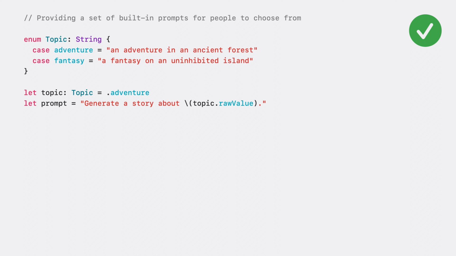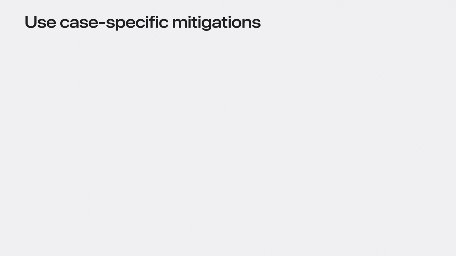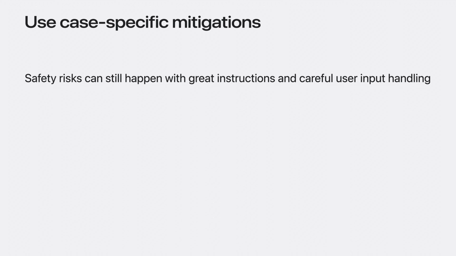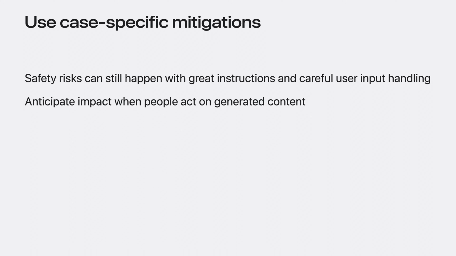While this is not as flexible as other patterns, it allows you to curate a set of prompts that truly shine for your app and for the model to generate great responses. Even with great instructions and careful handling of users' input, your app may still have safety risks. You have to anticipate the impact and consequences when people take action on generating content in your app. Let's look at some examples.